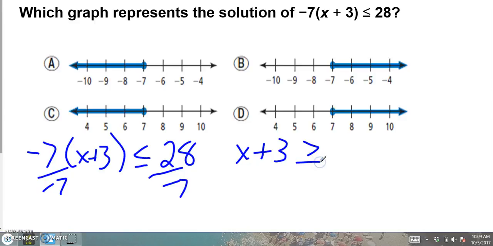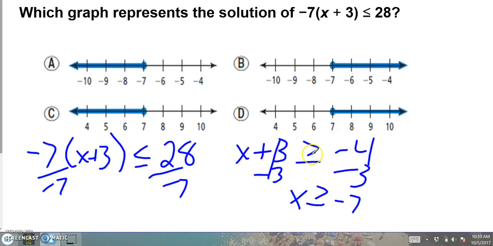Switch the signs, since we divided by a negative, and then it's going to be -4. Minus 3, x is greater than or equal to -7. So since x is greater than, we know that it's going to go this way, so these are irrelevant. And it's a -7, so this is -7, so B is our right answer.